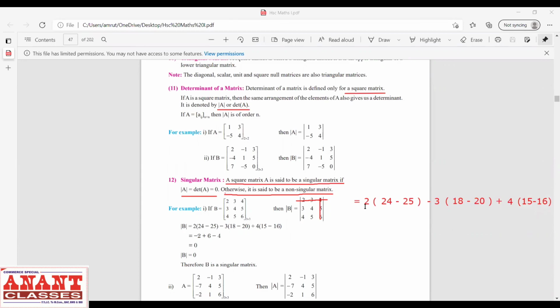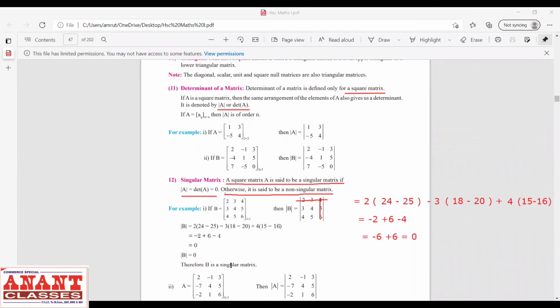तो ये आपके वैल्यूज आ जाएंगे, फिर उसको सॉल्व करना है, then you have to solve this. अब इसको आगे सॉल्व करोगे तो 24 minus 25 that is -1, -1 multiplied by 2 that is -2. फिर यहाँ पर 18 minus 20 that is -2, -2 multiplied by -3 that is +6, माइनस माइनस प्लस, ये हो जाएगा आपका +6. 15 minus 16 that is -1, -1 multiplied by 4 that is -4. फिर -2 -4 मतलब -6 हो गया, +6, तो इसका आंसर क्या आने वाला है 0. अब डिटरमिनेंट का वैल्यू 0 आ गया, that means B is a singular matrix.